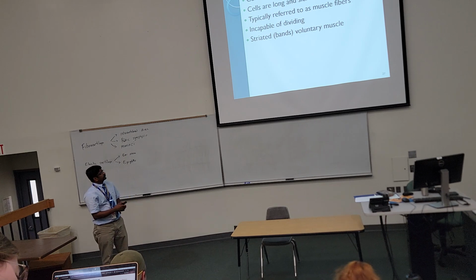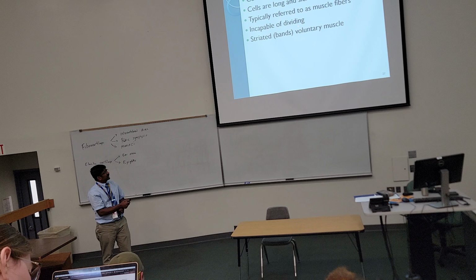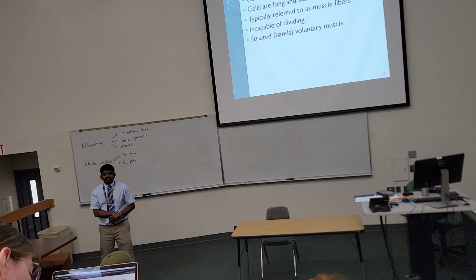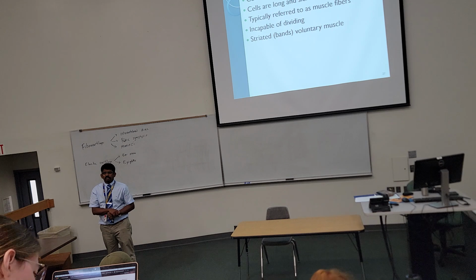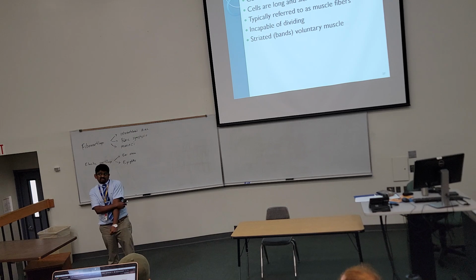Okay? And I'll just talk about another one. Once we've reached adult size, they are incapable of dividing. What does that mean for us? You can't make new ones? Yeah, you can make new ones. But what happens when I go to the gym, if I want to bulk up, I keep working out, and the mass increases?